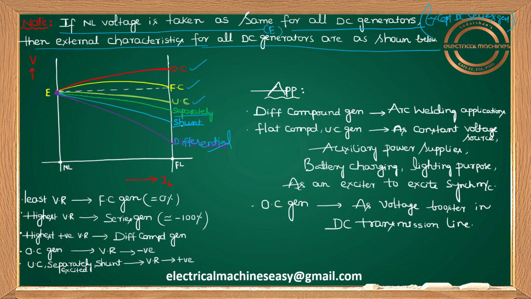I told you in shunt the voltage drop is more than in separately excited, so the shunt curve will be somewhat below the separately excited curve. If you want, you can include a series generator also. For that, let me use a different color. I told you for a series generator under no load condition, what is the voltage? What is the no load voltage?